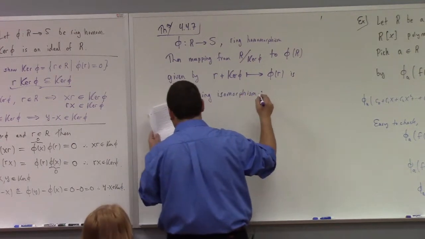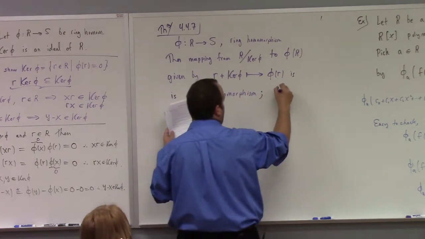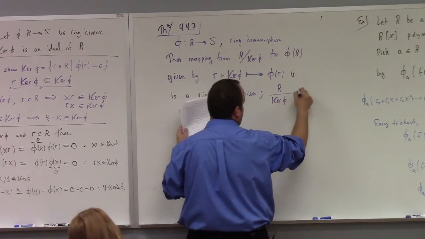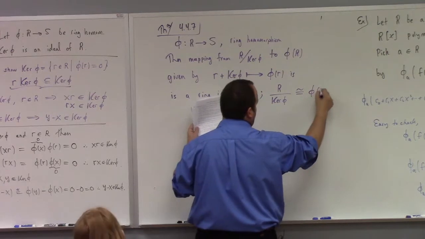In other words, we have that R mod the kernel of phi is ring isomorphic to the image of R under phi.